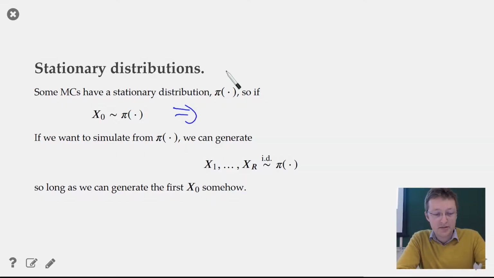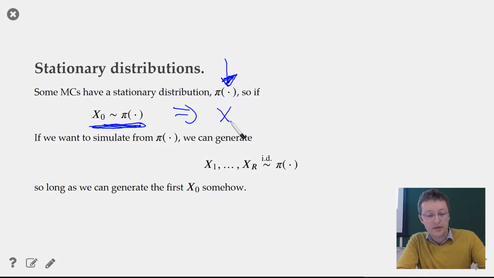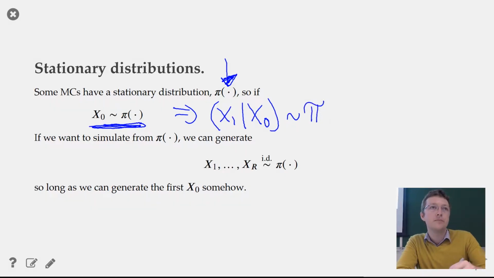It means that if pi is a stationary distribution for a specific Markov chain, and I simulate a value x0 from that distribution, and then I move the Markov chain forward one moment in time, given that value of x0, then x1 is also distributed according to pi.